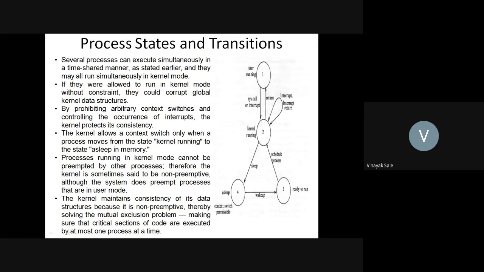By prohibiting arbitrary context switches and controlling the occurrence of interrupts, the kernel protects its consistency. The kernel allows a context switch only when a process moves from the state kernel running to the state asleep in memory.